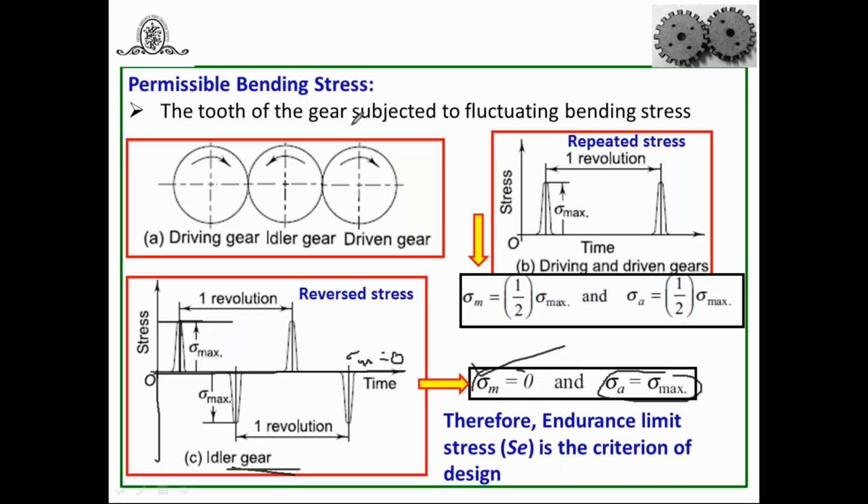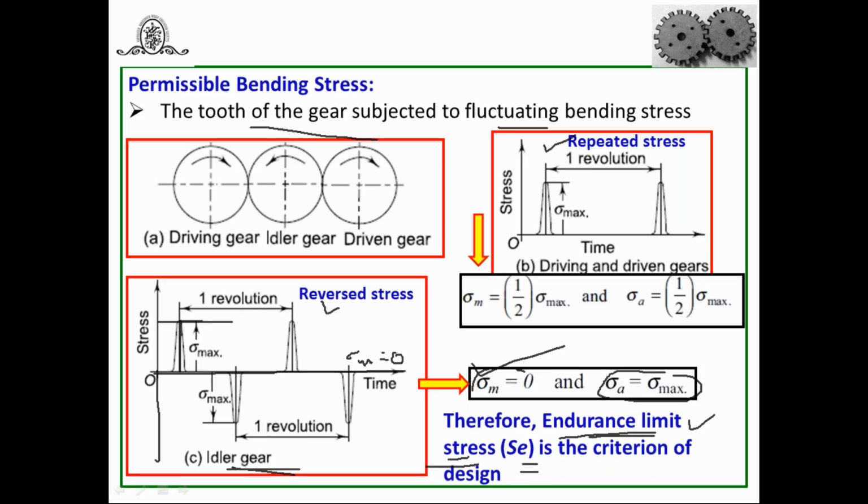If the tooth of the gear is subjected to fluctuating, that is repeated or reverse, bending stresses, what is the criterion? Already you studied in DME 1, the endurance limit, or endurance stress, is the criterion, denoted by SE.